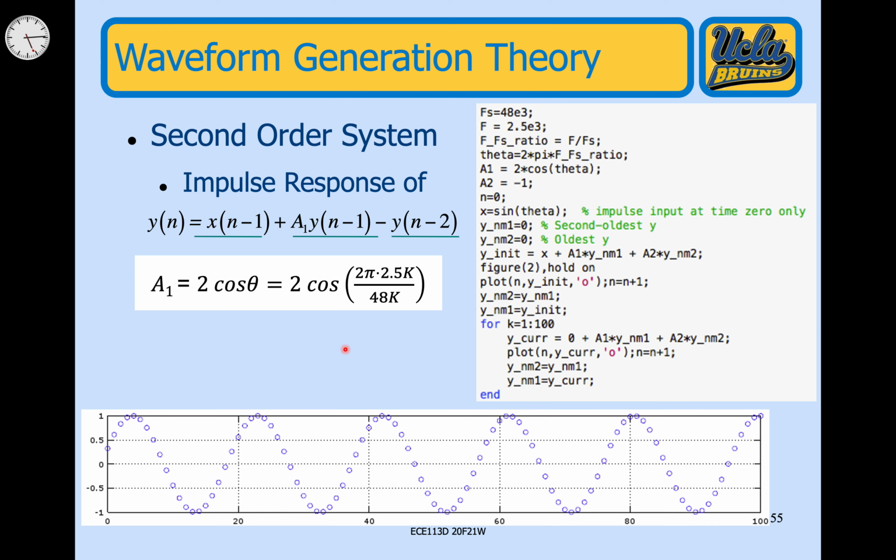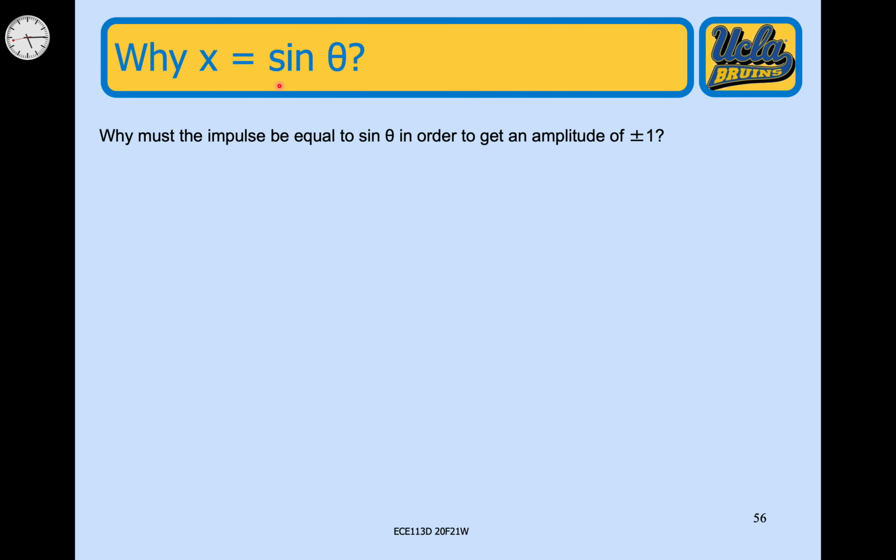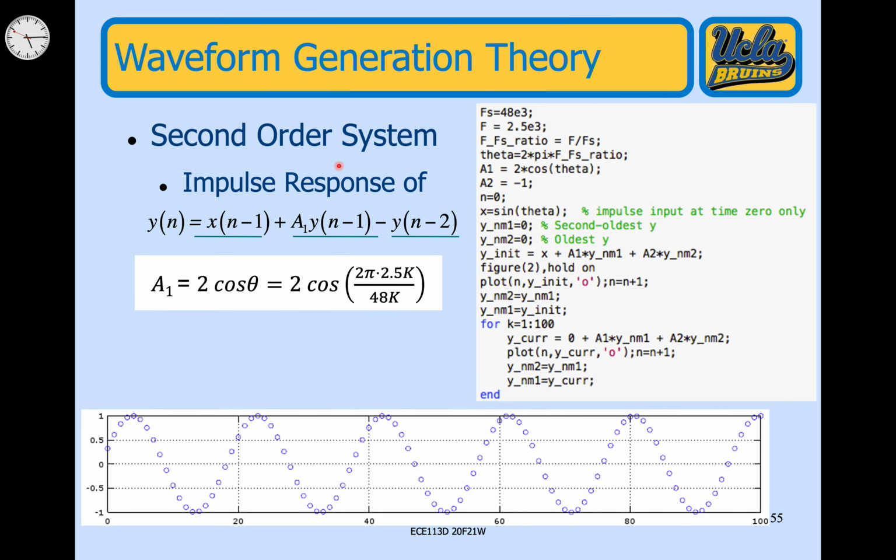The first point is the sine of theta. That's your impulse. That is the impulse input right there. And then that will always generate this waveform. Why is x equal to sine theta? X being the input. Remember, this is an impulse, and it's at time 0 only.